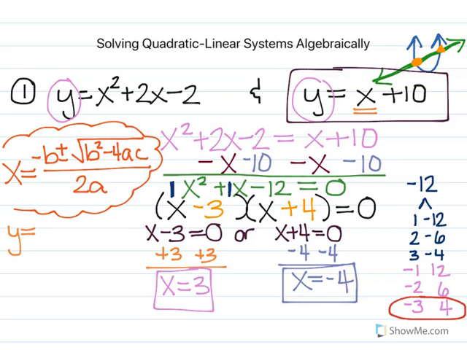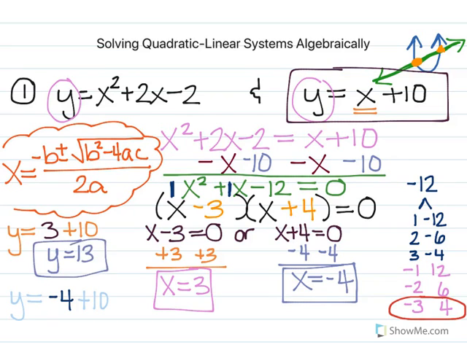So one of them will be y equals 3 plus 10, and the other one would be y equals -4 plus 10. And when you add these together, you'll get a y value of 13 that goes with the x value of 3, and a y value of 6 that goes with the x value of -4.